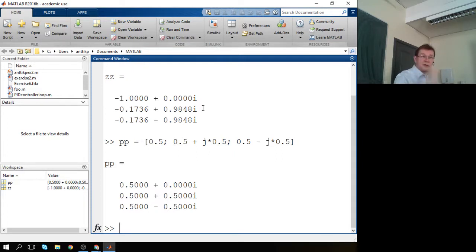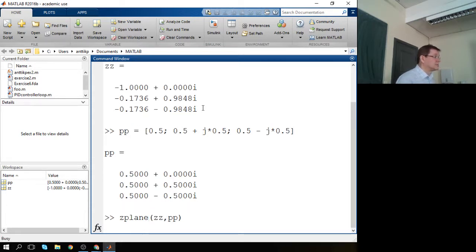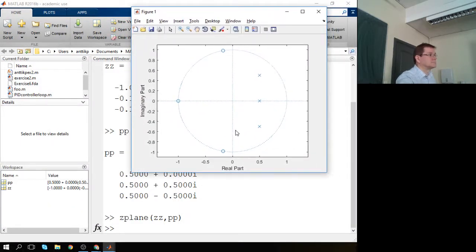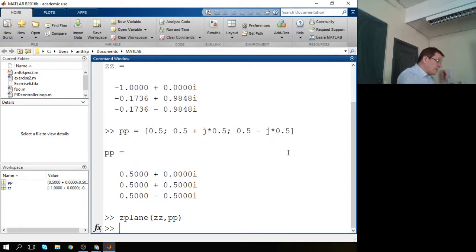And I can check graphically that this is what I wanted, with Z and P. Yep, more or less the same as I expected. Sorry about the aspect ratio, the old projector squeezes this y-axis a bit. So that's what I wanted.